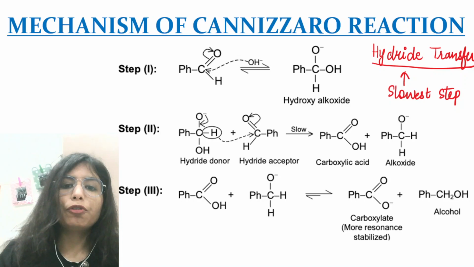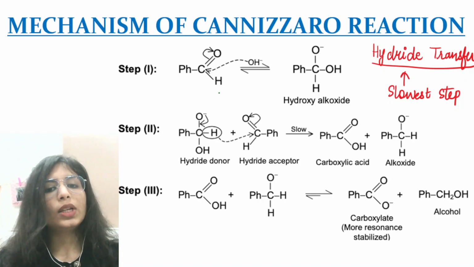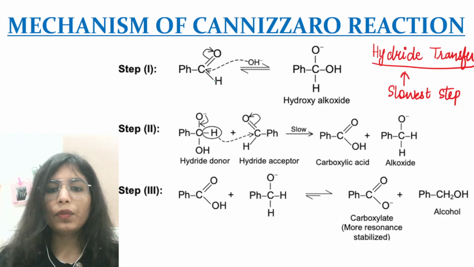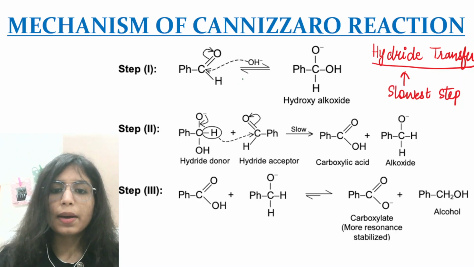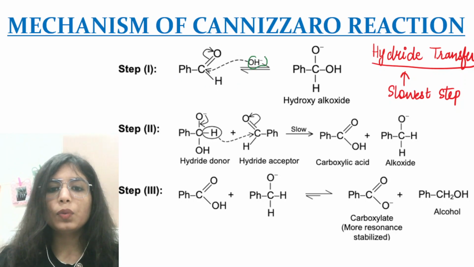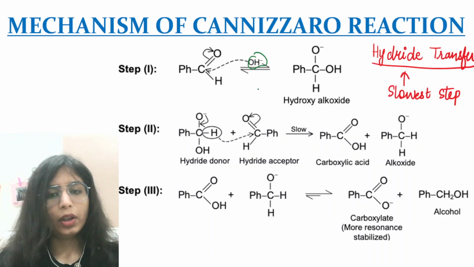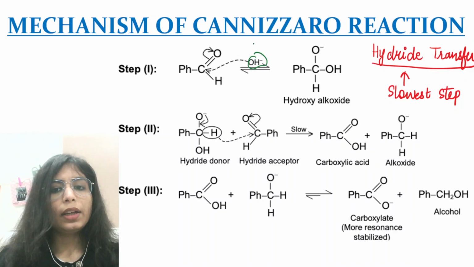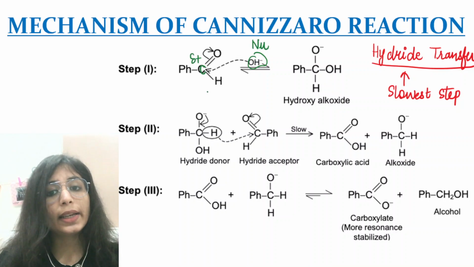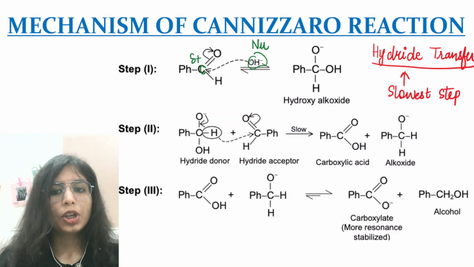So basically, first if I talk about PhCHO, that is our benzaldehyde, we have taken this compound and treated it with a base, that is OH negative. Now this OH negative is nucleophilic in nature, and this carbonyl carbon is electrophilic in nature, which means it contains a partial positive charge, right?